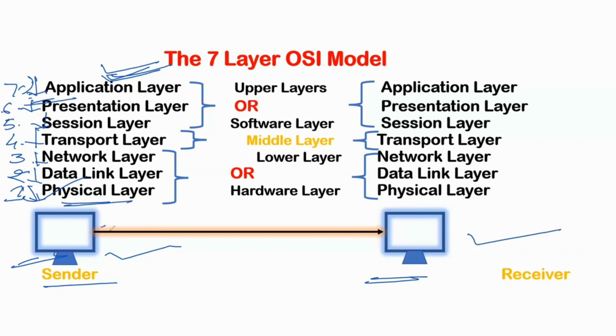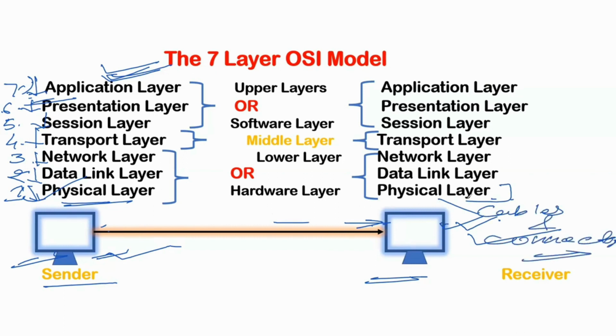By cable, by connector, or by wireless frequency, the data is sent from the first PC to another PC, and the second PC receives the data on this physical layer, because all the cables and connectors are available in this physical layer.